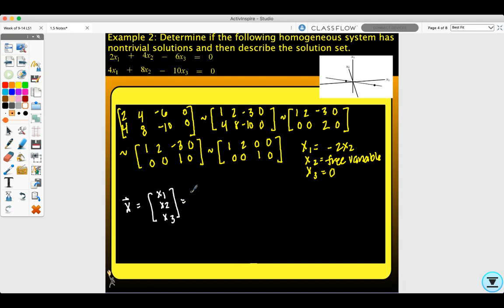And we said that x1 is -2x2, x2 is x2, and x3 is 0, which then could be described as x2 times -2, 1, 0. And further, sometimes you will see them describe this vector as v, and you could describe this as x2 times v.